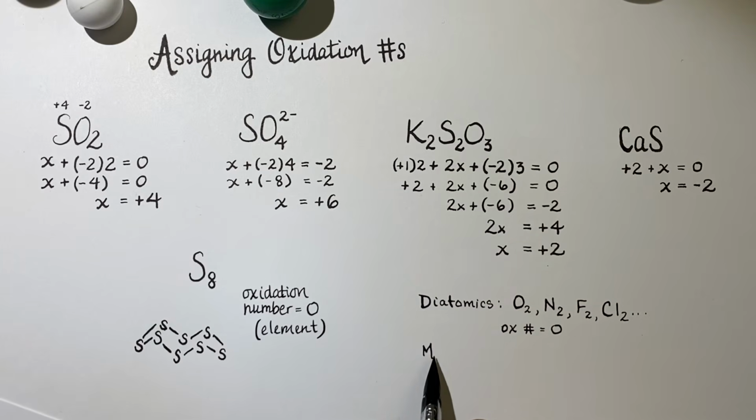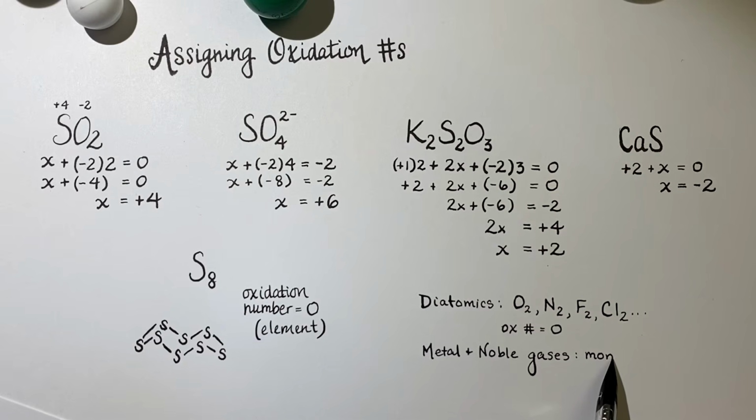Metals and noble gases are monatomic, meaning they're just by themselves. So if you see something like iron or xenon or something like that, those also have oxidation number of 0.